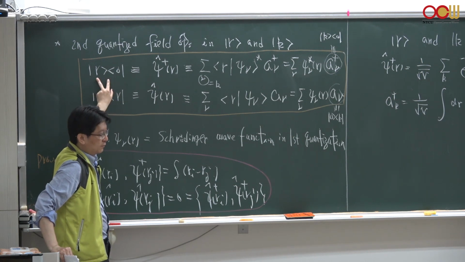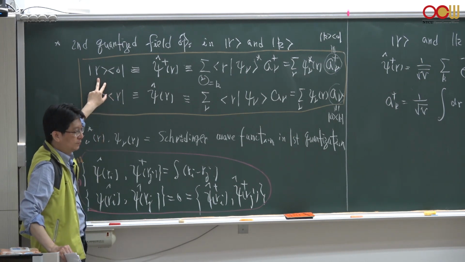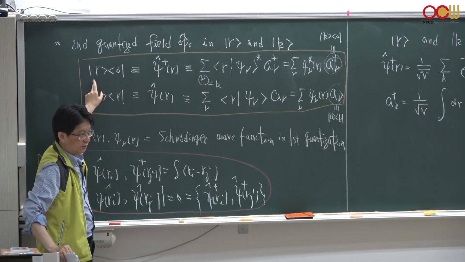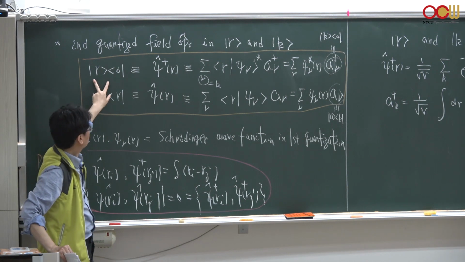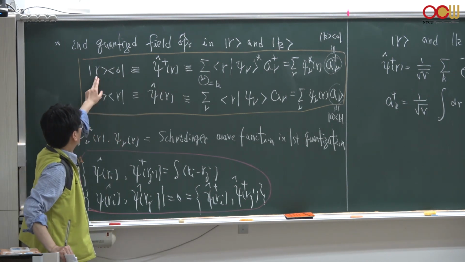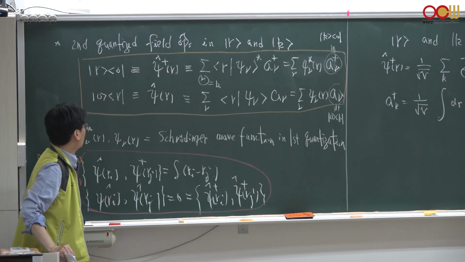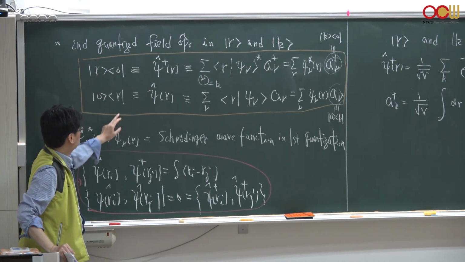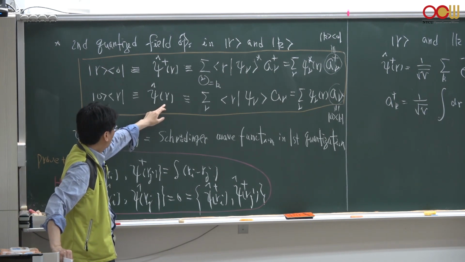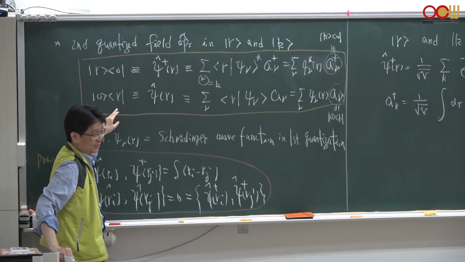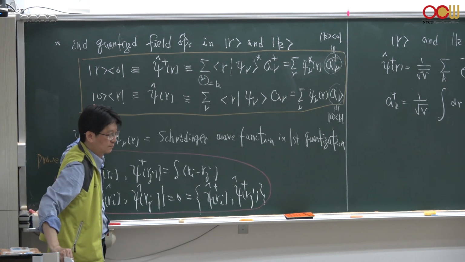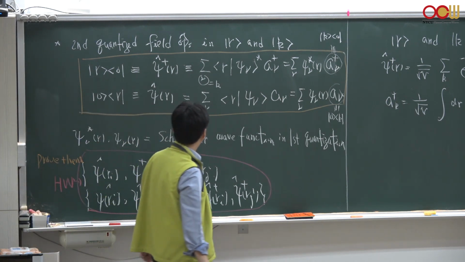We follow the same definition that we use for the creation operator: destroying the empty state or vacuum and creating a single particle state at position R. But now the eigenbasis is the real space eigenbasis. Likewise, we can define the destruction of a single fermion in real space R by destroying the single particle state R and creating an empty state or vacuum. That's just psi of R.